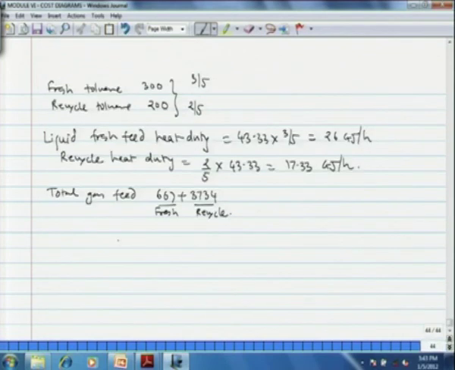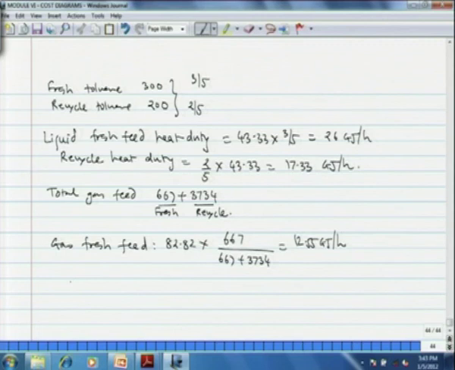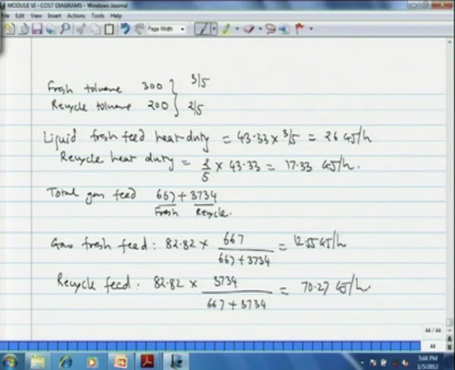So, that we are going to distribute now. That gives 12.55 gigajoule per hour for the fresh feed and recycle feed 70.27 gigajoule per hour. And now with this we can prepare a heat duty table.